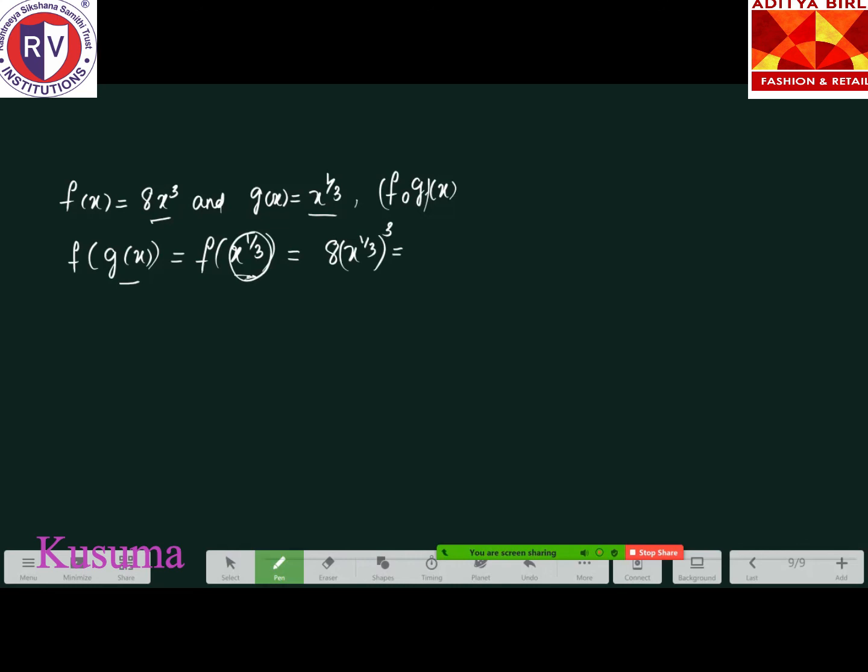So 3 and 3 get cancelled to give us 8x. So this is the composition of the functions f and g. That is, f composition g of x is given by 8x. 8x is in option C. Therefore, the right option is option C, 8x.